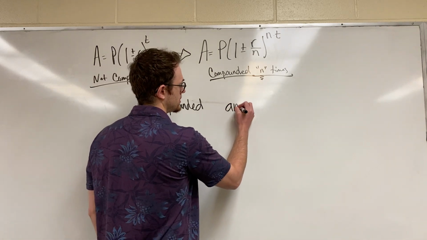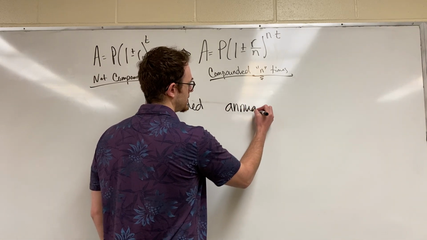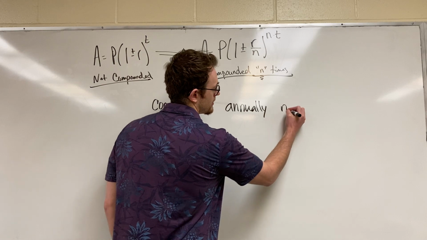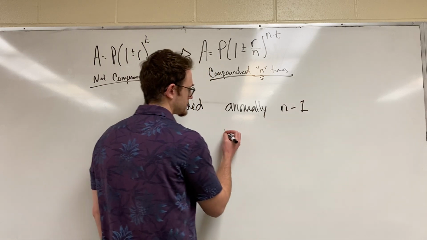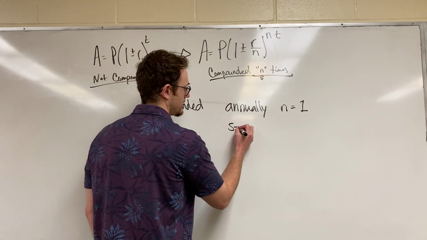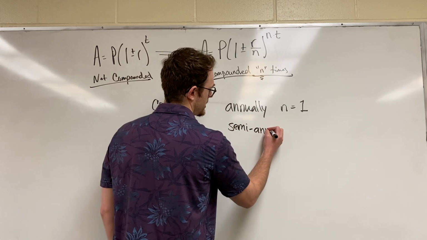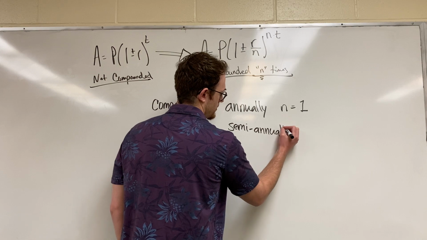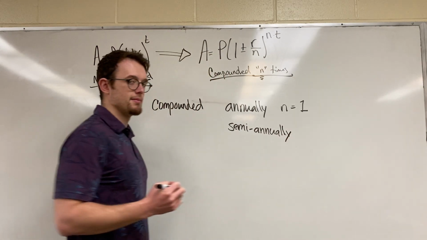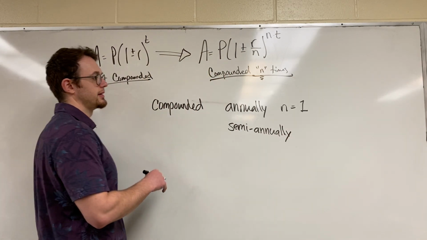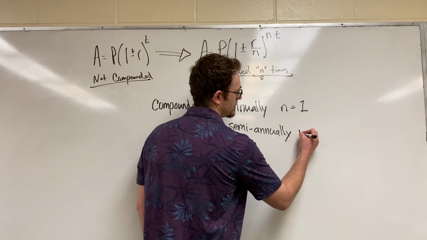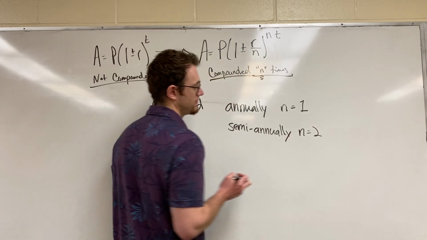So if it says compounded annually, n equals 1. If it says semi-annually, well, hopefully remember semicircle, semi is cut in half. So n would equal 2, half of a year.